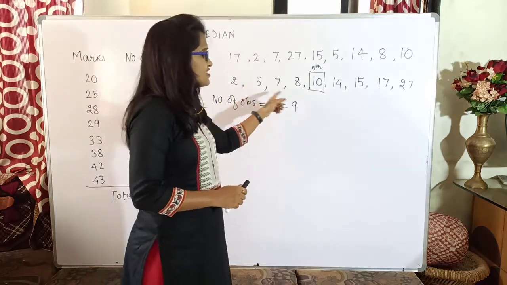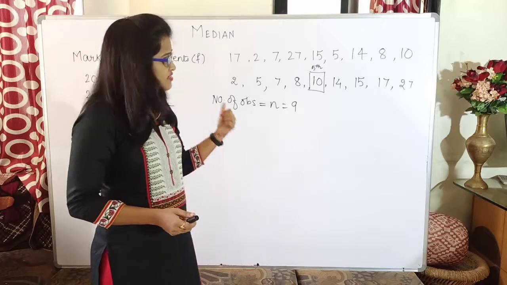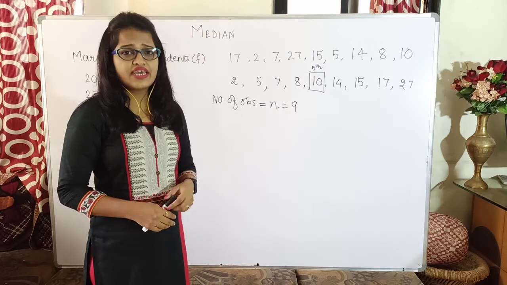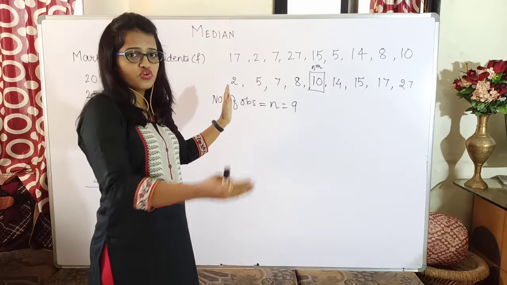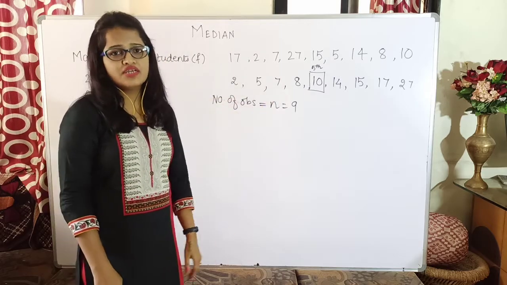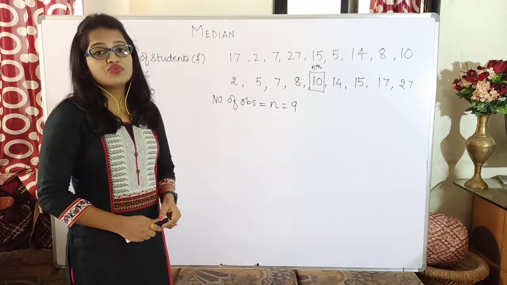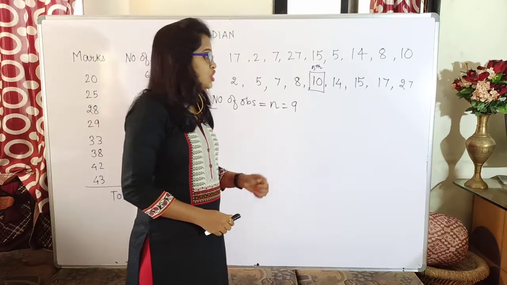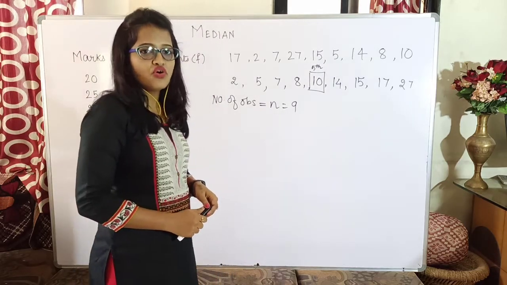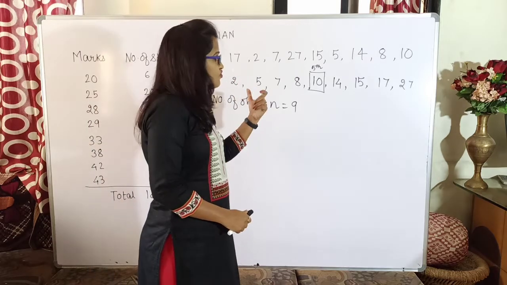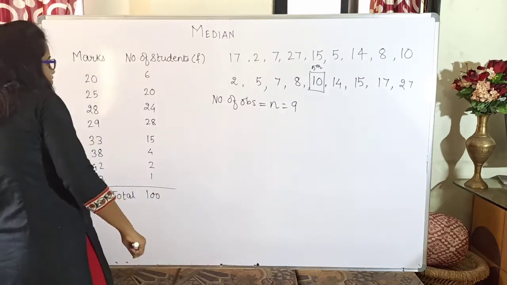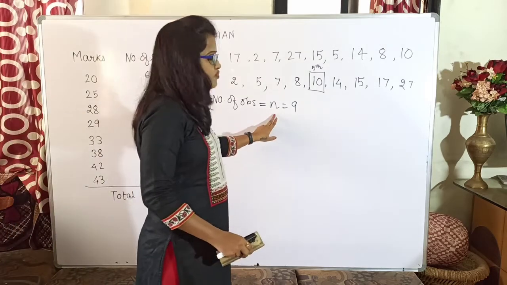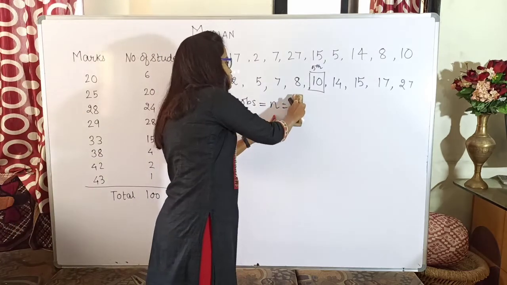Since here the data was small, only 9 numbers, you can directly say leave 4 observations here, leave 4 observations there, and the central value is the median. But if the number of observations is more, the formula to find the median of the given data is, if I consider the number of observations, here you have to consider two cases.